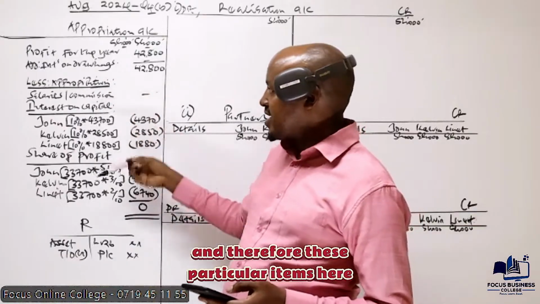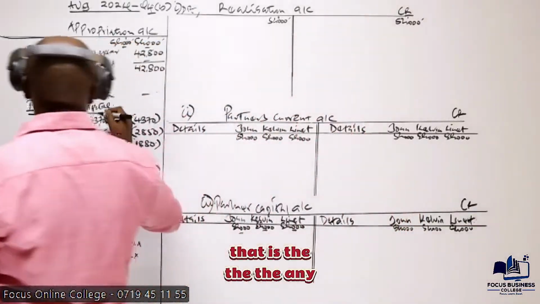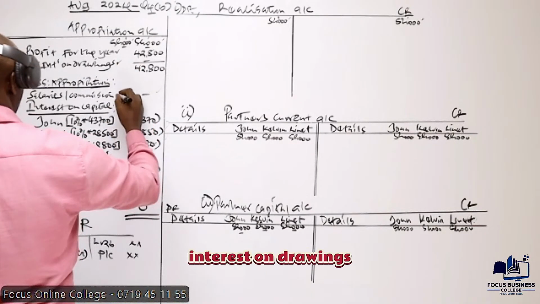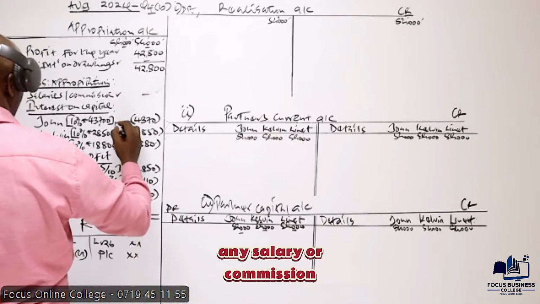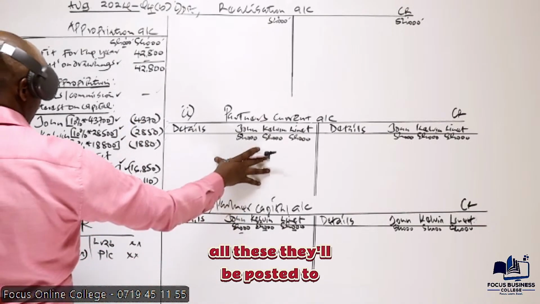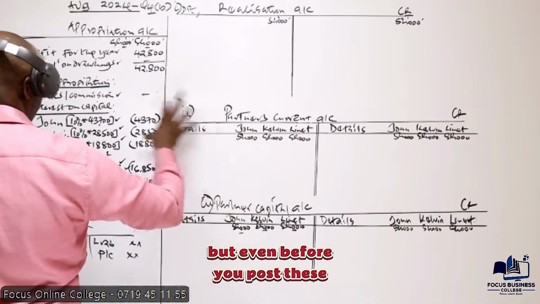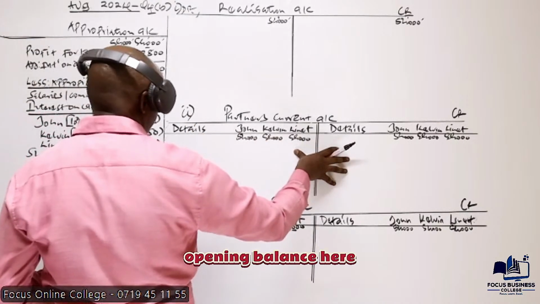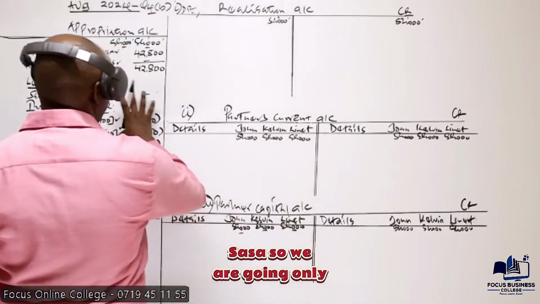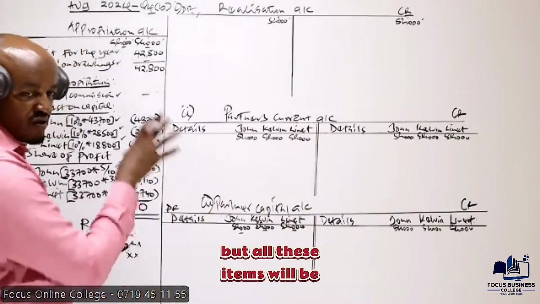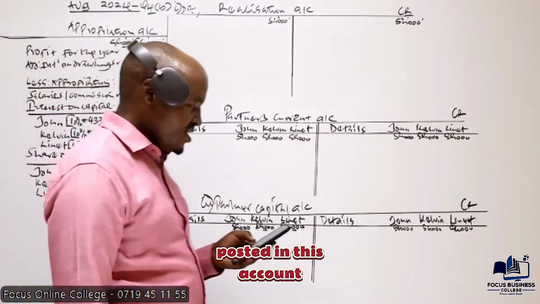Therefore, any interest on drawings, any salary or commission, any interest on capital, and the share of profit will be posted to this account. But even before you post these items, we definitely need to record the opening balance here. So we only post this after recording the opening balances.